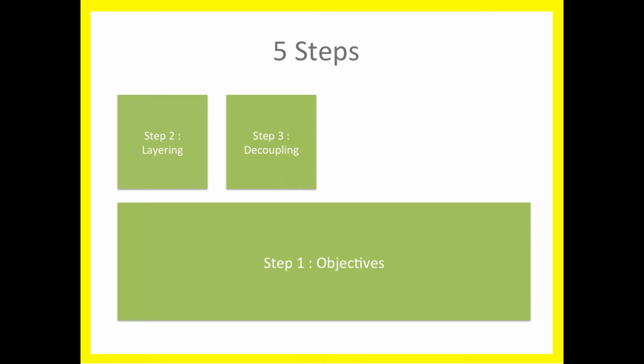Step 3 is decoupling your tests from your application. As I'm sure you know, coupling in software is one of the biggest problems there are, so it makes sense from testing if we follow tried and tested software development practices. So decoupling is one of those steps that I recommend.